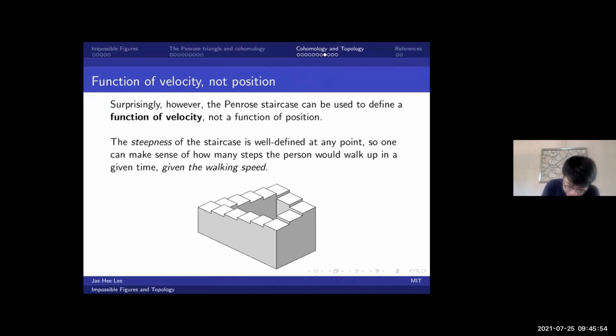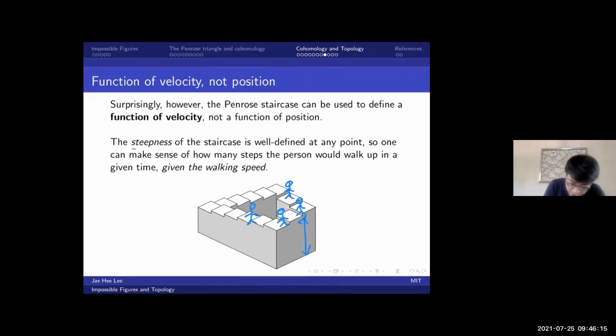Say you're some person walking up the Penrose staircase. Now your distance from the ground is not well defined, exactly because of this non-trivial monodromy condition. However, what you can still make sense of is the following.